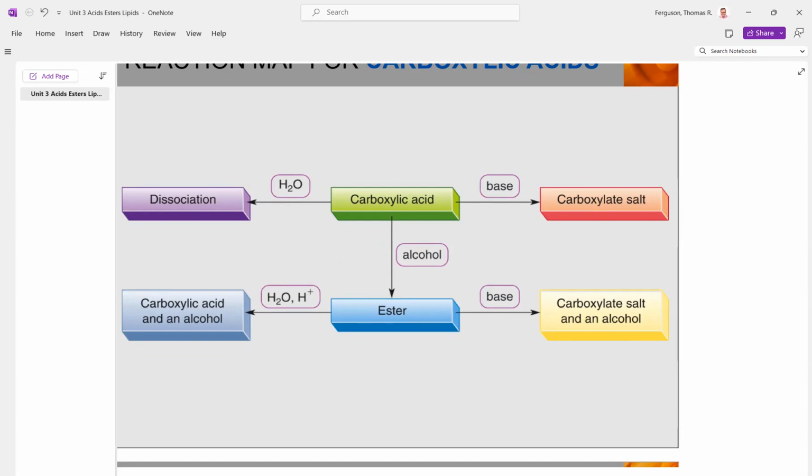In a basic environment, you're going to end up saponifying that ester. So this would be the saponification process. And if in an acidic environment, you're going to end up with the acid plus the alcohol.